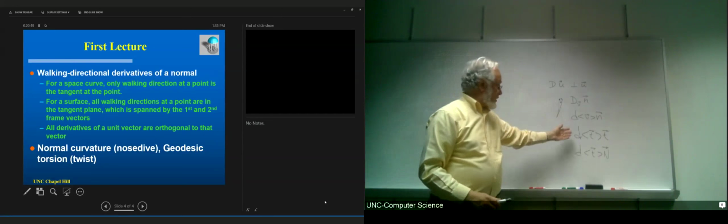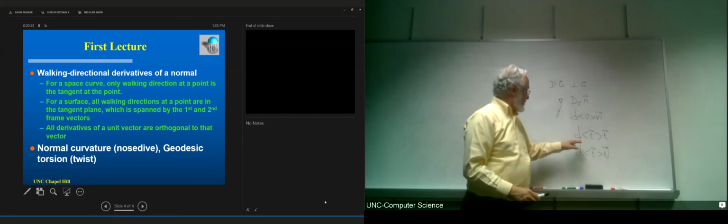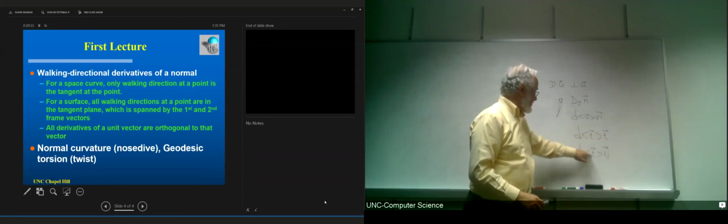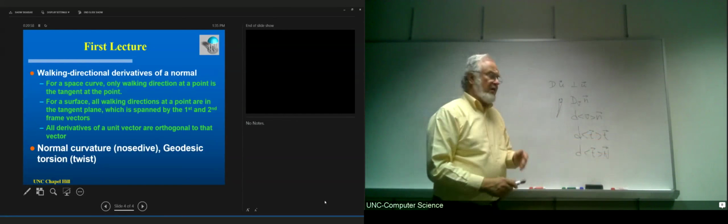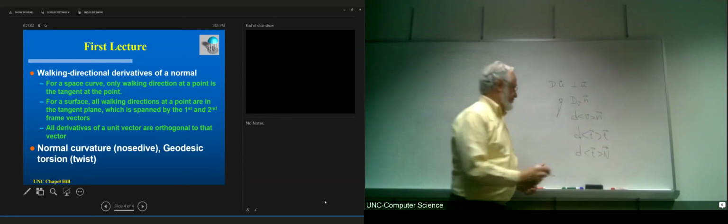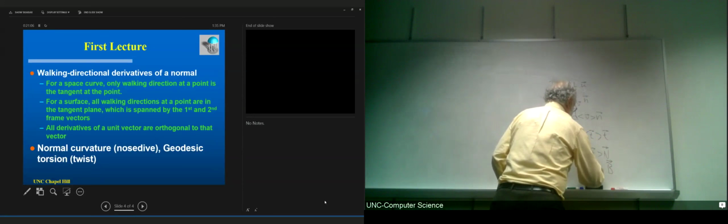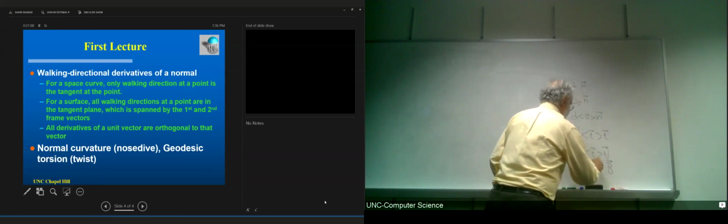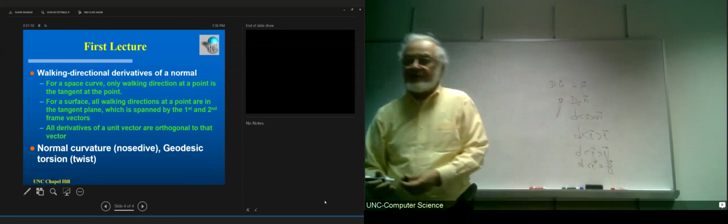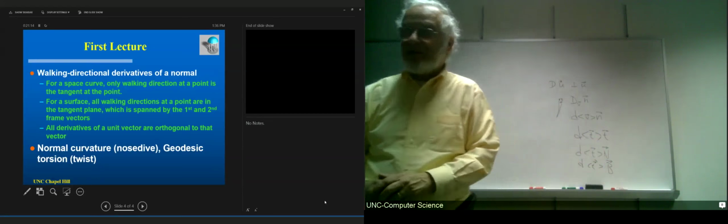Okay, so for a curve, we're going to be interested in things like dt of t and dt of n, or maybe of the third cross product vector, which is called the binormal. And we'll be interested in dt of b, but always for walking in the t direction, because there's nowhere else you can walk if you want to stay on the curve locally.